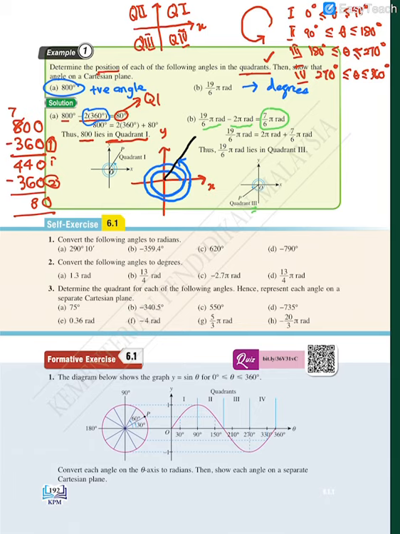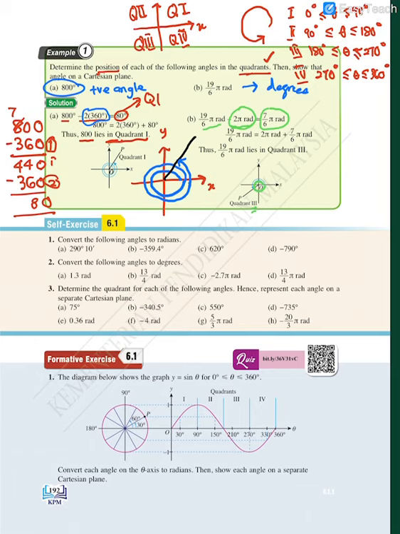And then, how you show in your Cartesian plane? How many you turn? 2 pi radian, so 2 times lah. Not 2 time.